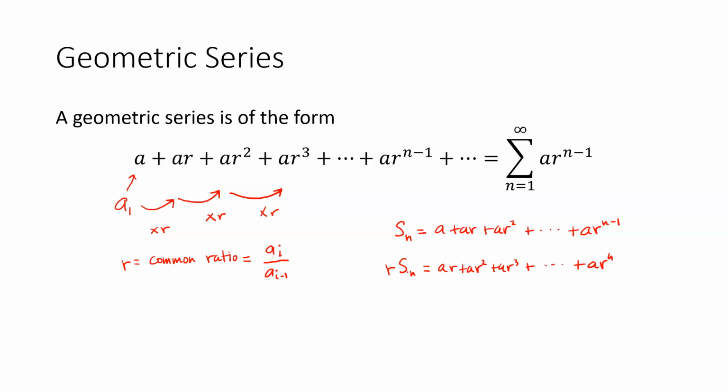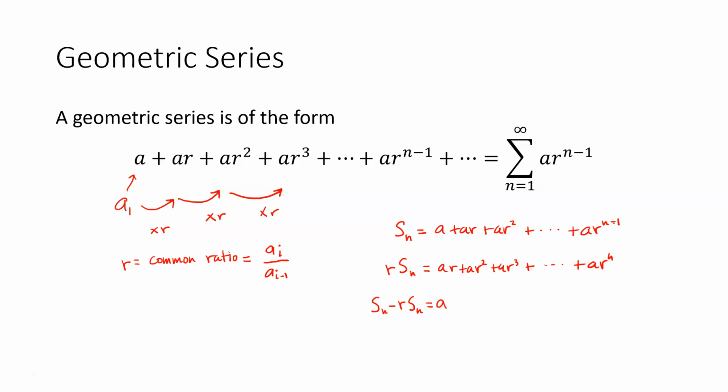And then if I subtract the two equations, S_n minus r S_n on the left-hand side, on the right-hand side I notice a bunch of terms would cancel. I would have a, and then ar minus ar, those would cancel, ar squared minus ar squared, ar cubed minus ar cubed, all those terms are going to cancel, right?